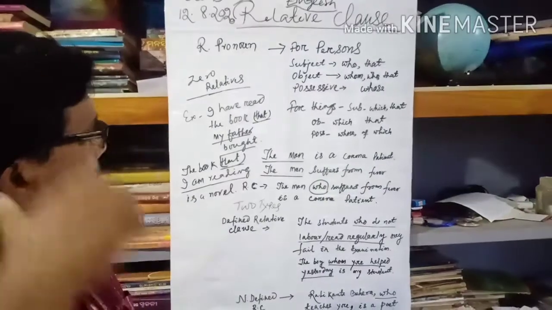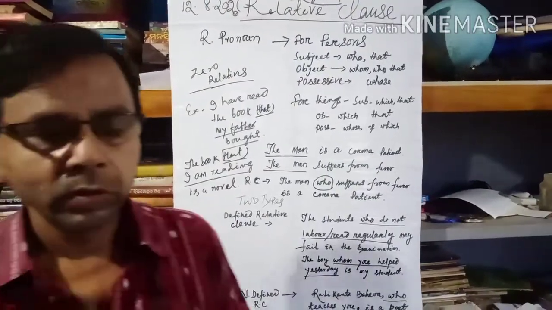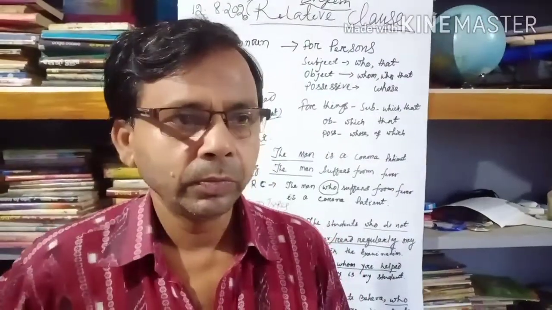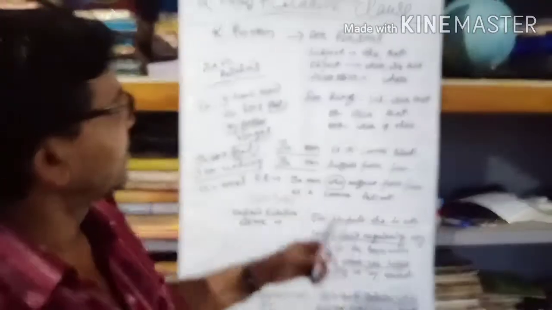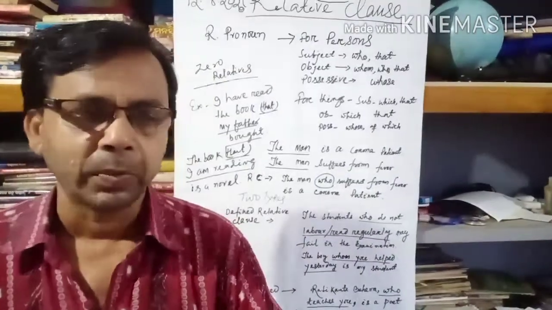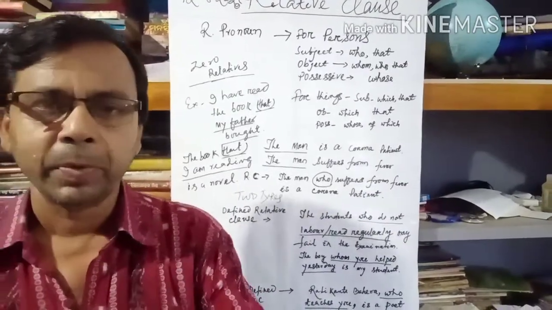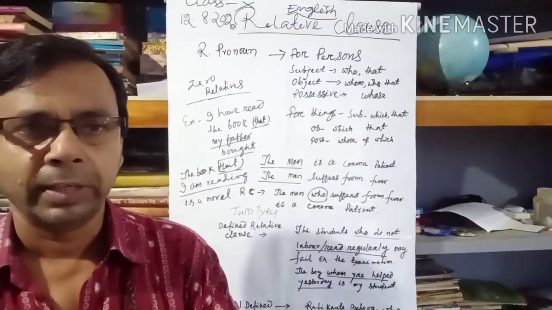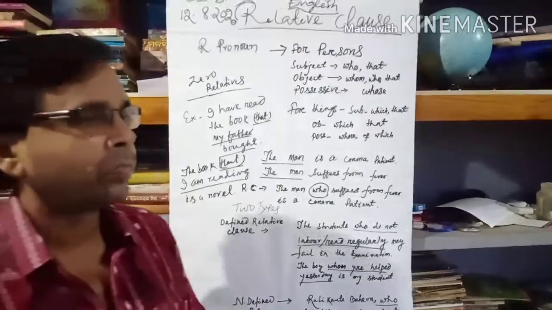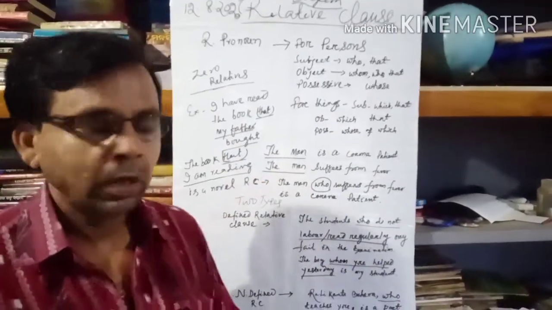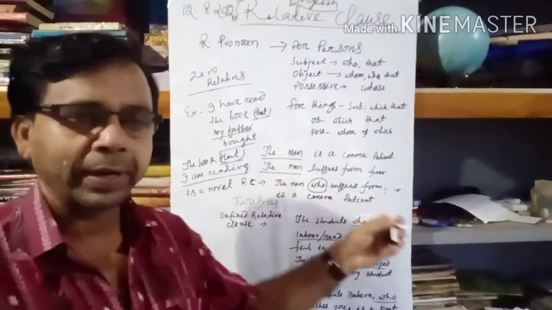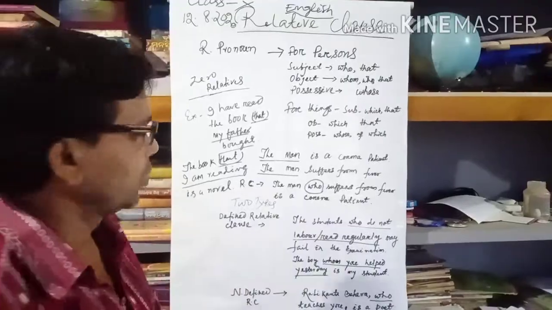Now, the relative clause, you know very well, works as an adjective clause, and it starts with the relative pronoun. The relative pronoun, I repeat again, comes after the noun, and it relates the noun with the rest of the parts.